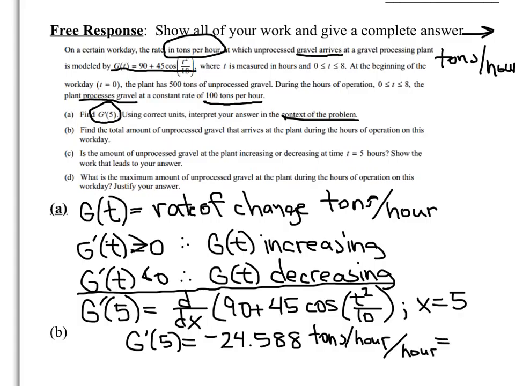So that equals tons per hour squared. So my sentence would say, in context of the problem, the rate at which gravel is arriving is decreasing by 24.588 tons per hour squared at time t equals 5.